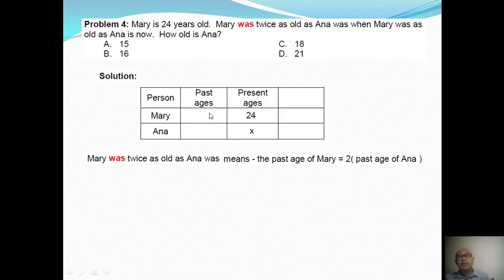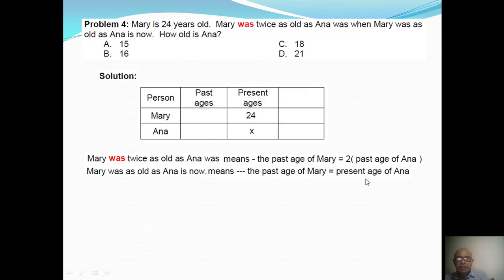We don't get anything from that yet. But if we continue, Mary was twice as old as Anna was when Mary was as old as Anna is now. This means that the past age of Mary is equal to the present age of Anna. So also, this is x.